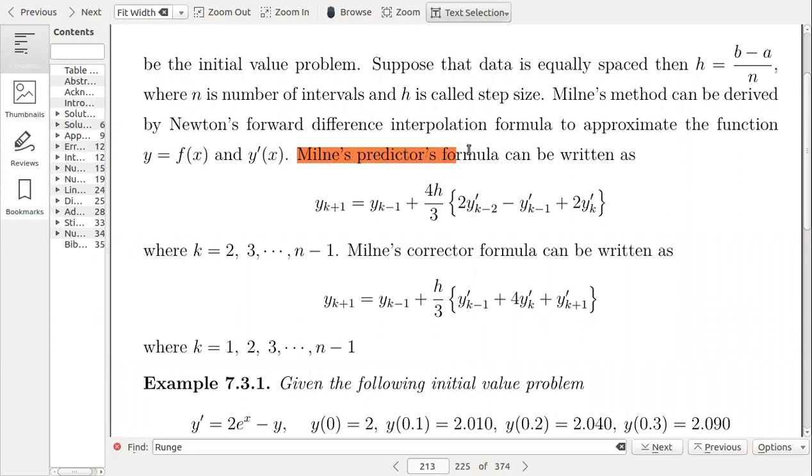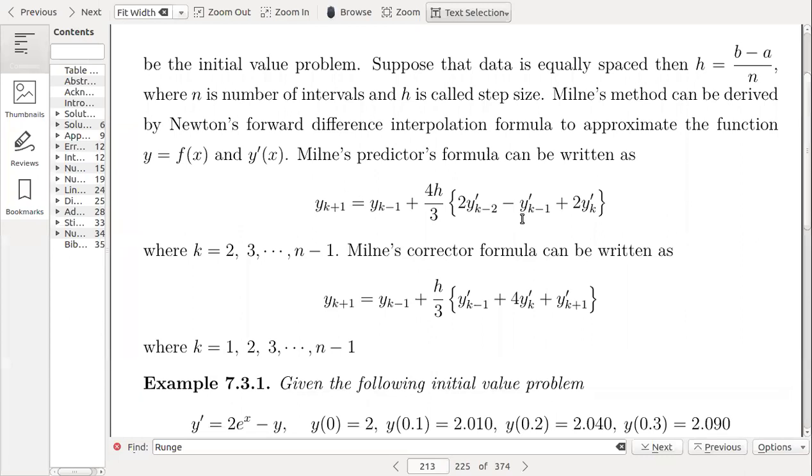Milne's predictor formula can be written as y(k+1) equal to y(k-1) plus 4h by 3 into 2 y prime(k-2) minus y prime(k-1) plus 2 y prime k, where k can start with 2, 3, and so on up to n minus 1, because if we replace k with 2, we will have 2 y prime 0.